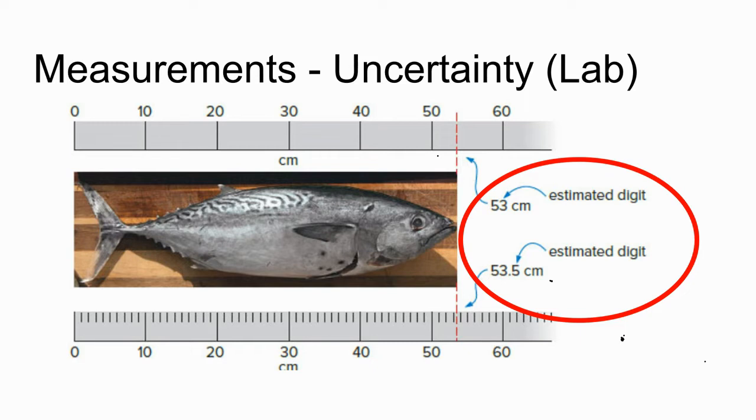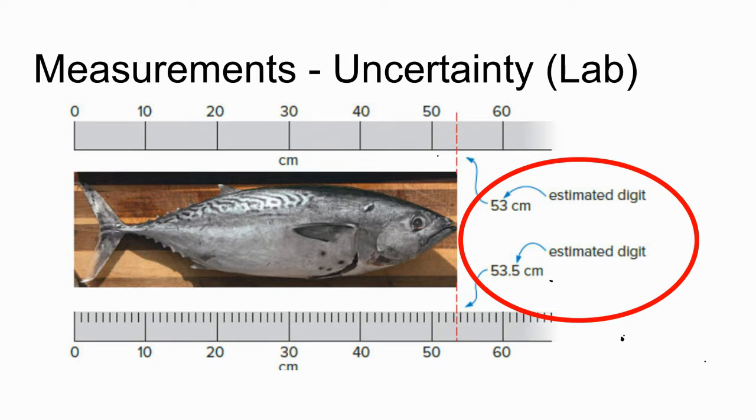We get 1 beyond our measuring stick. This ruler down here has the millimeters written in, so we get to go 1 beyond the millimeters. So this would be 53 point whatever they estimate in between.